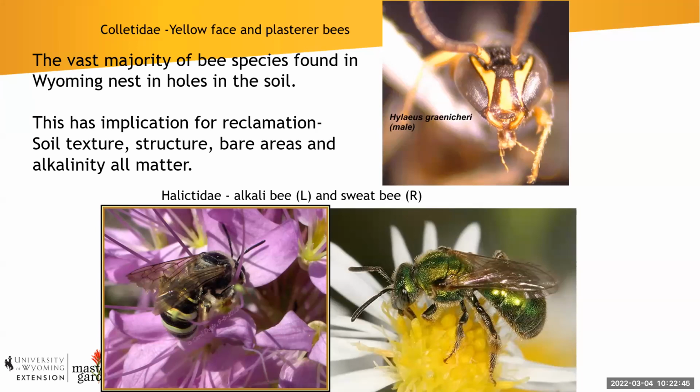Some of the insects are really adapted to bunch grass places where you don't have a complete turf, where you have areas of bare ground that they can utilize. And alkalinity also matters, because the alkali bee utilizes those areas that have, in late summer, you'll often see them with a white coating of the alkali.